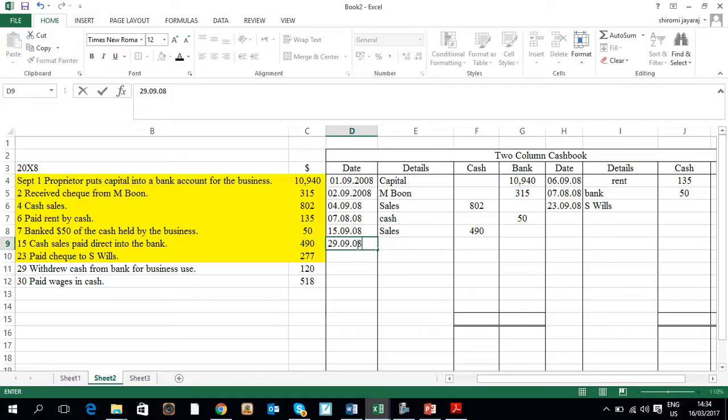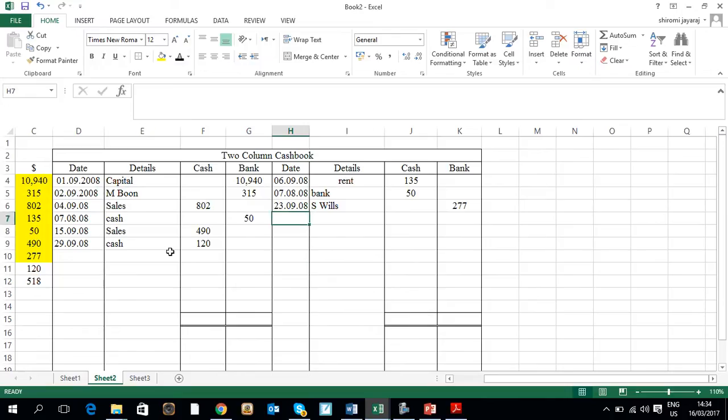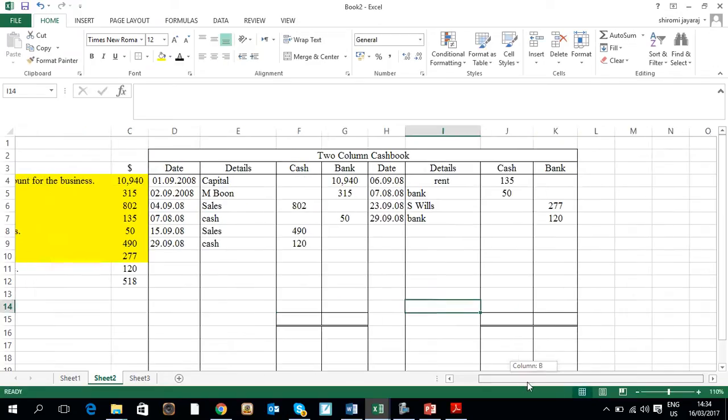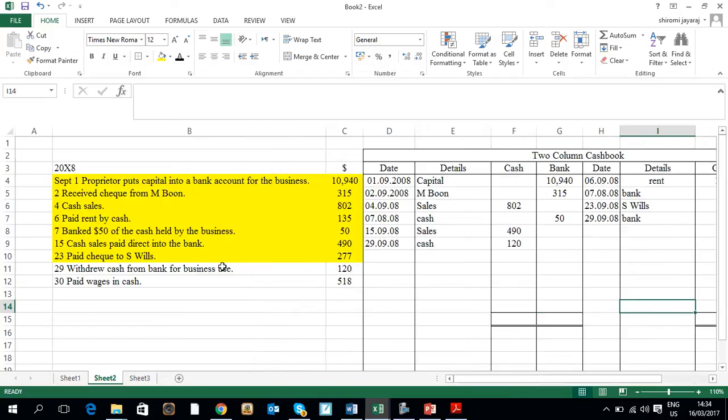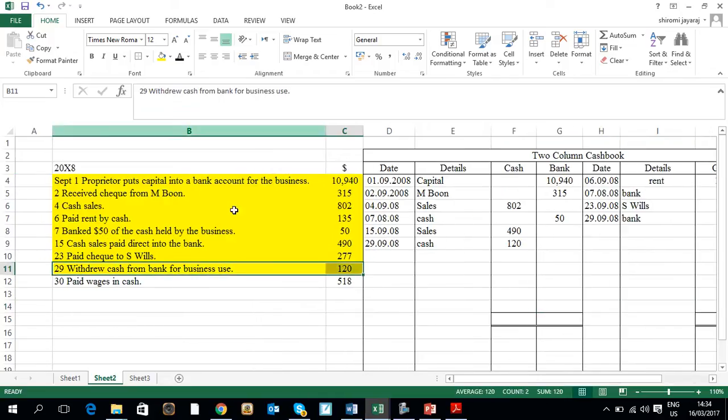Opposite account's name will be cash, and it is on the debit side of the cash column 120. And then on the credit side, same date 29/9/08. Opposite account's name bank, and in the bank column at 120. We're done with this transaction.